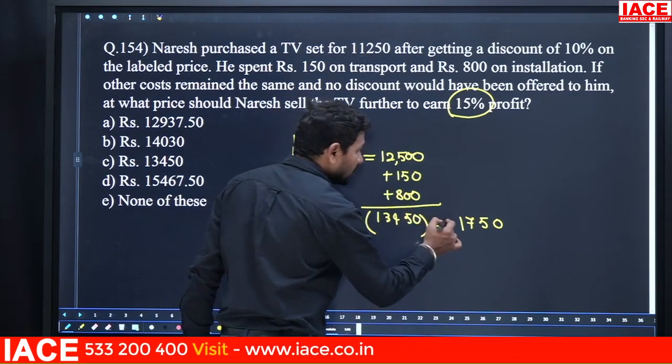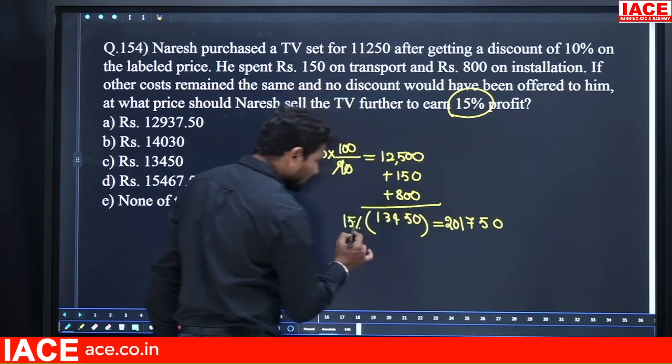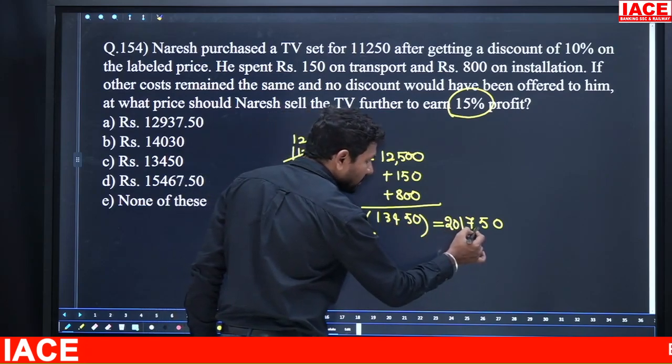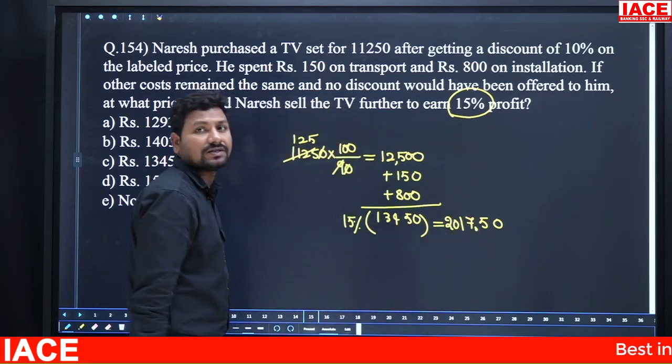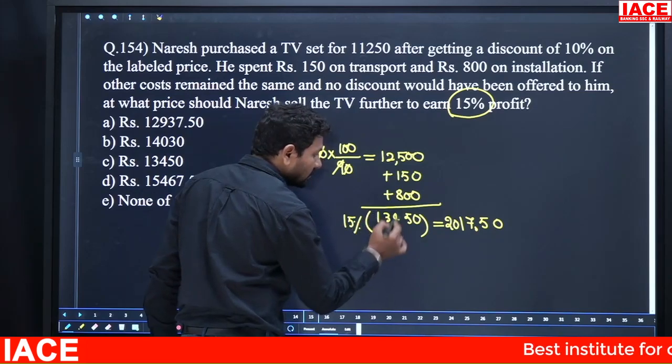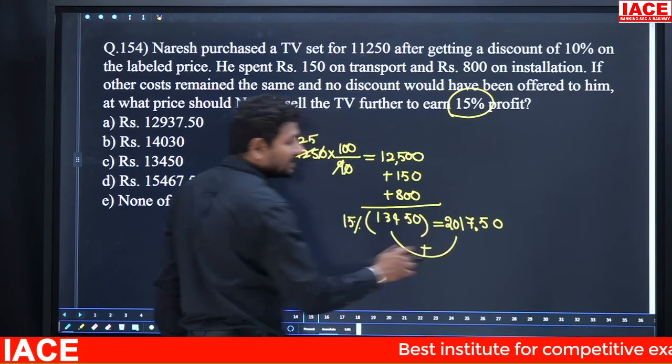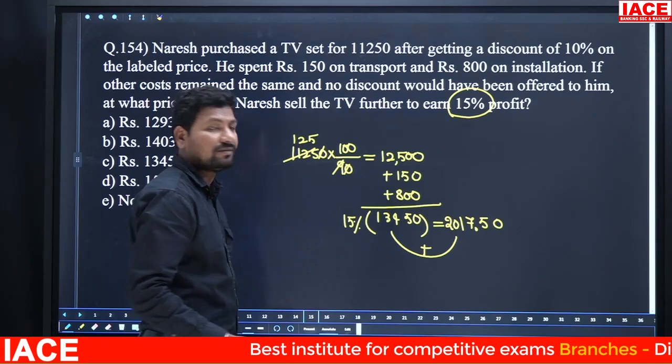You will get 20, and with 2 decimals applied, it becomes 2017.50. Compared to 13,450, we have to sell the product for an extra profit of 2017.5.